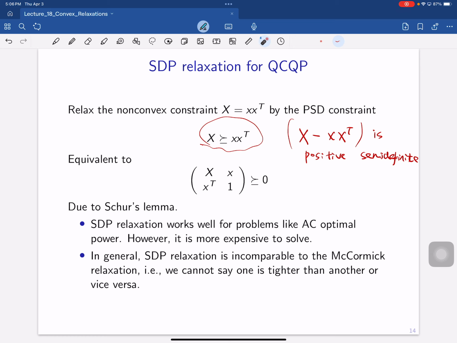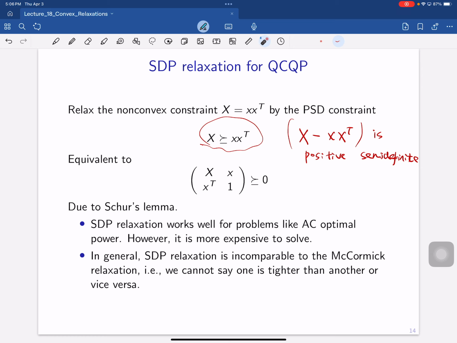But if you have a practical problem, what you care about is not the asymptotic complexity. You don't care how the computational time grows when the size goes to infinity. You are dealing with finite size problems. So even though SDP is polynomial, the constant term can also kill you. So in practice, usually SDP is very difficult to solve, okay?